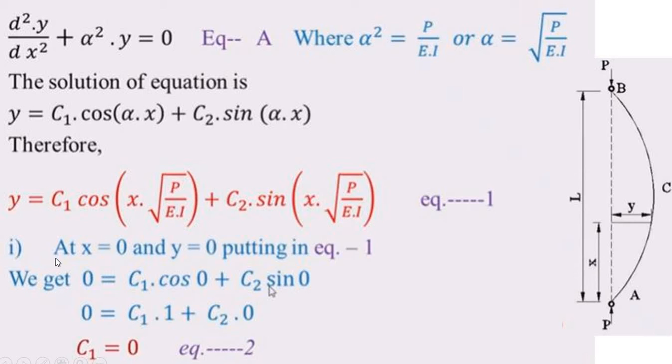Now we can take the first end condition, that is at point A. As I said earlier, at point A, x equal to 0 and y equal to 0. Now putting these values in equation number 1, we get 0 equal to c1 cos 0 plus c2 sin 0. And finally, we will get c1 equal to 0, and that is considered as equation number 2.